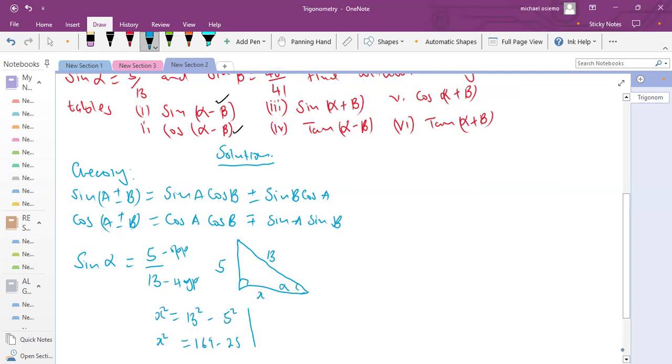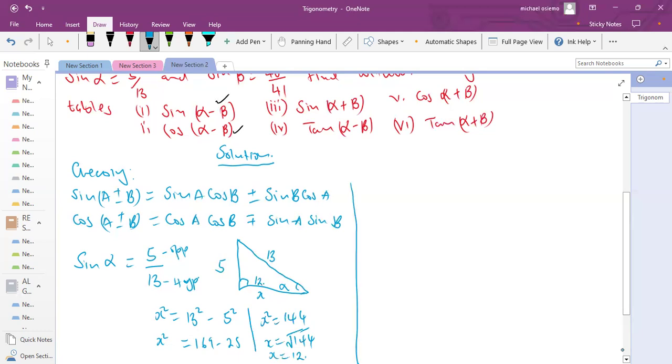Can you compute? What value are you getting? Are you getting 144? So this one is 144. To get x, simply take the square root of 144, meaning that x is equal to 12.